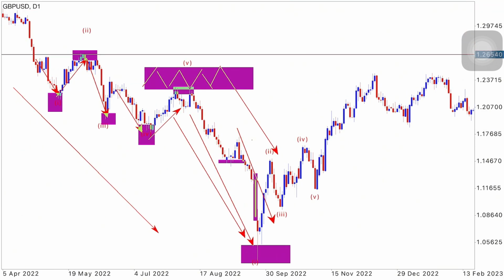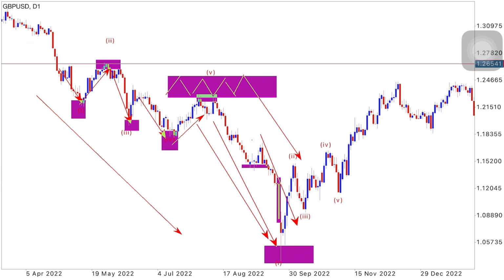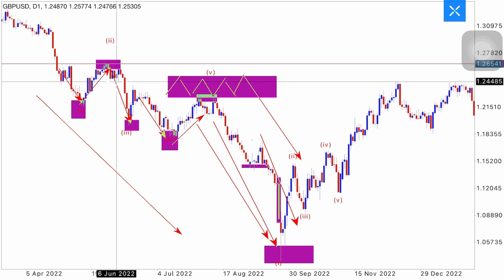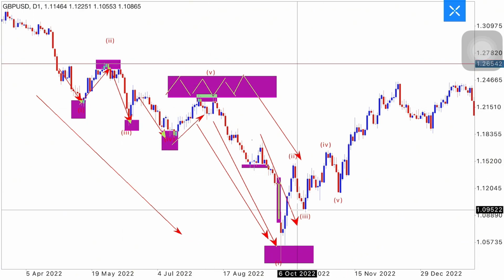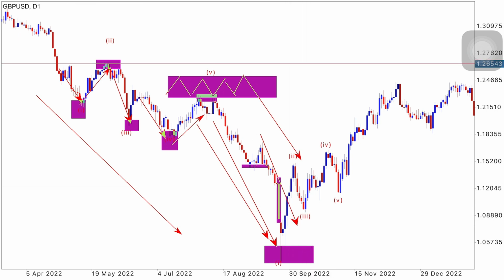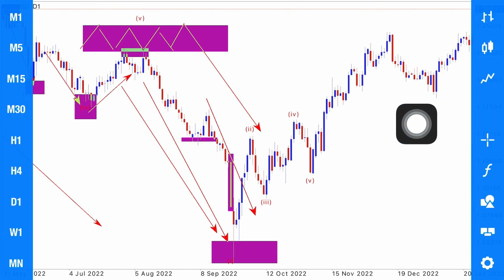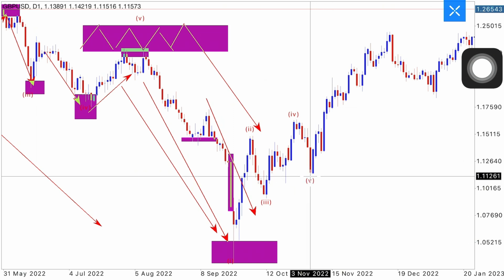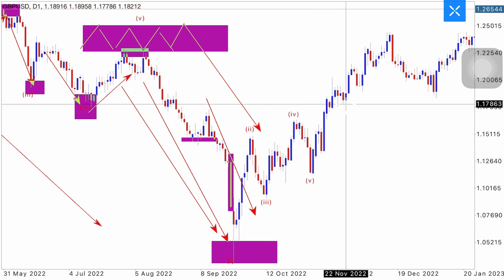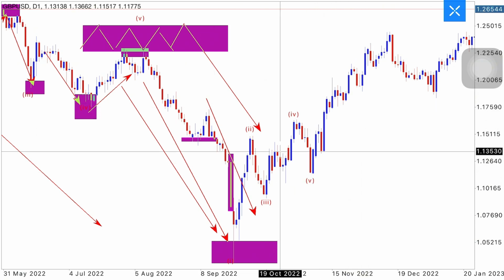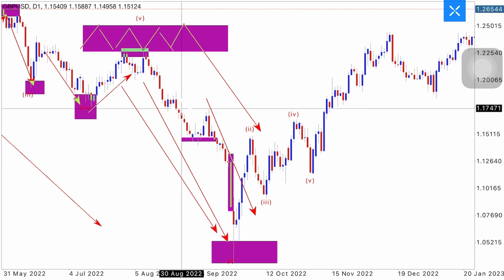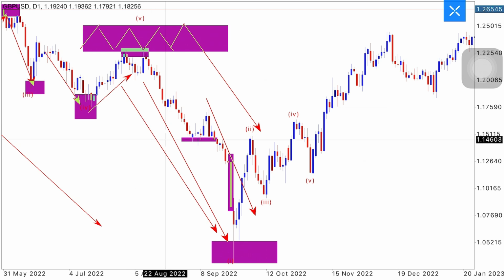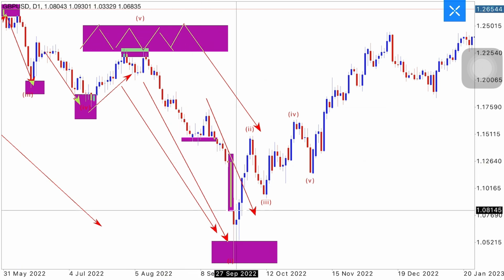You guys can see that what happened here is also what is happening currently. So what do I mean when I say it's currently happening? Because we can see when the market reached here, it got enough momentum to go to the upside on the E, the last alphabet, and also here on the last alphabet, the market got enough momentum to go to the downside.